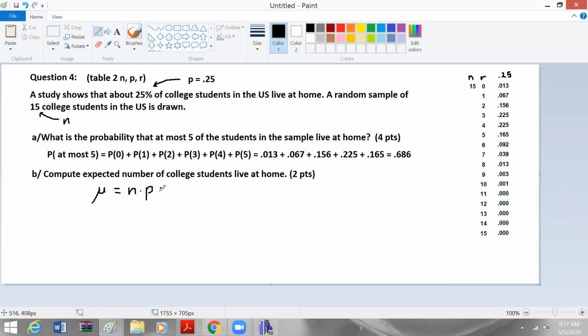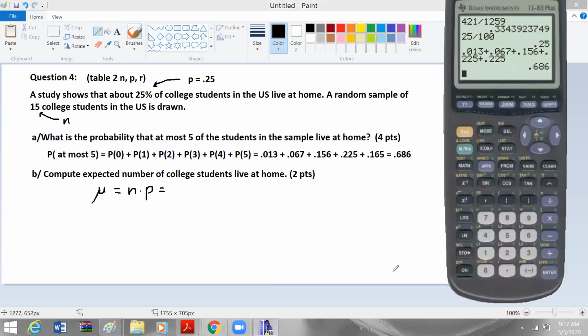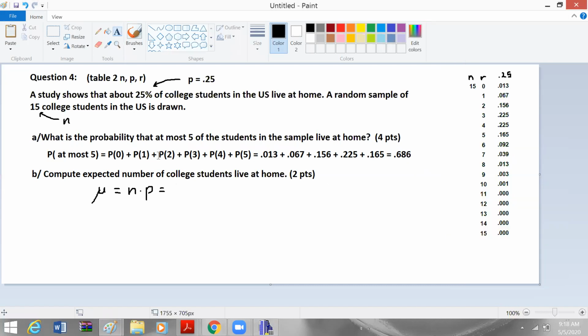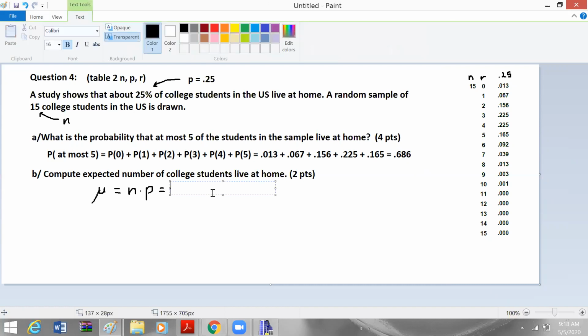So we're going to take n times p together. So the n that we have is 15 times the p is 0.25. So we're going to get the answer, which is 3.75, right? So we're going to take 15 times 0.25. You're going to get 3.75.